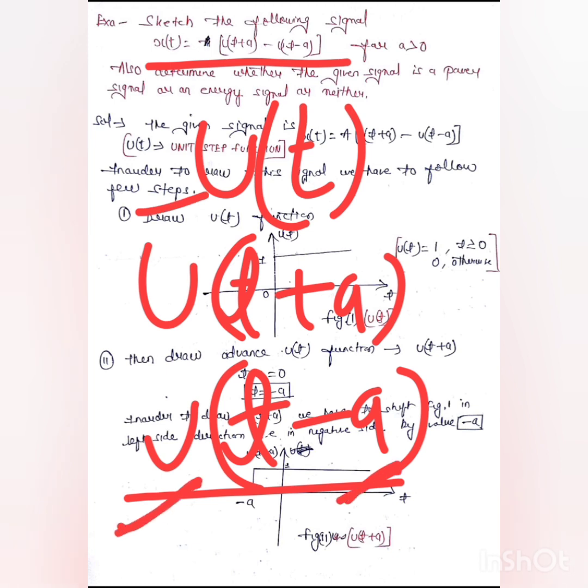And u(t plus a) is an advanced version of the u(t) function, that means if you advance your u(t) function by a, then you get this expression. One by one we draw first u(t plus a) and then u(t minus a), then combining these we get the final expression.